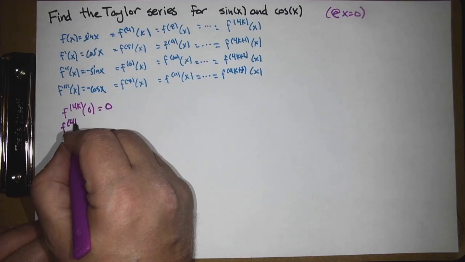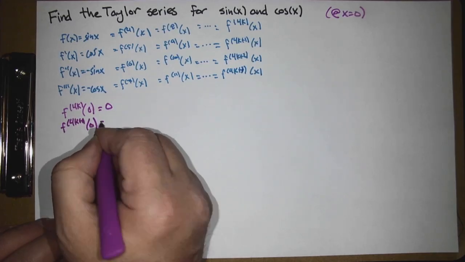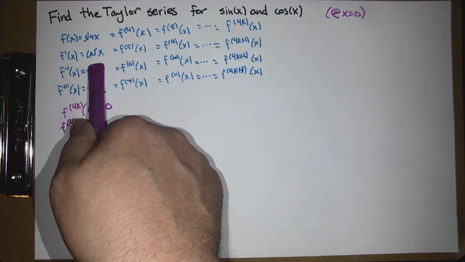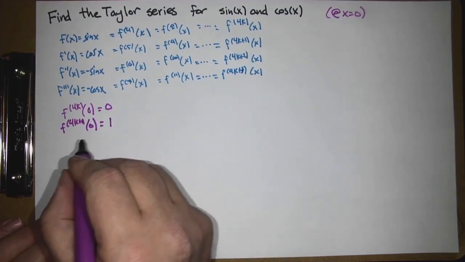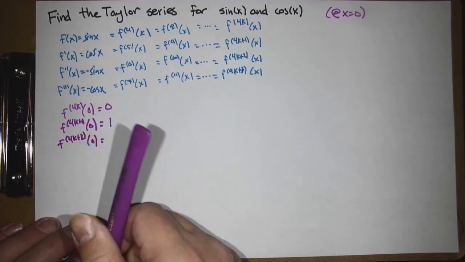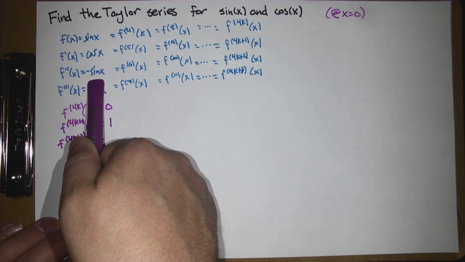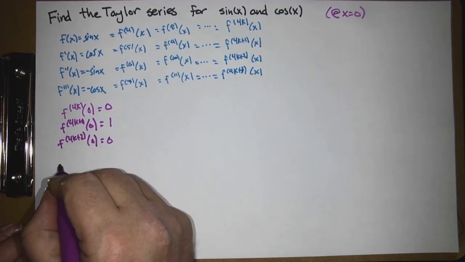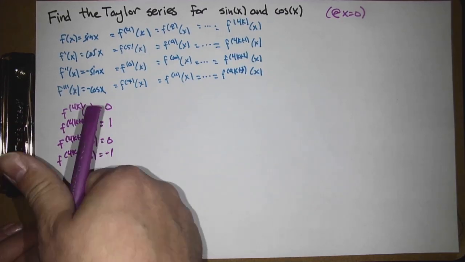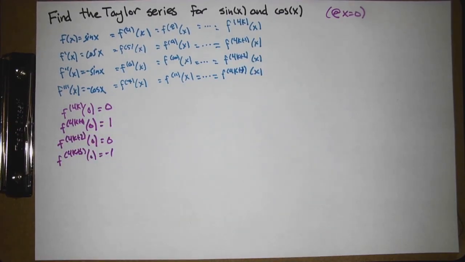If I look like a 4k plus 1th derivative and I plug in 0, cosine of 0 is 1. If I look like a 4k plus 2 derivative and I plug in 0, I get 0. If I look at 4k plus 3, negative 1. So our coefficients are 0, 1, 0, minus 1, 0, 1, 0, minus 1, and so on.